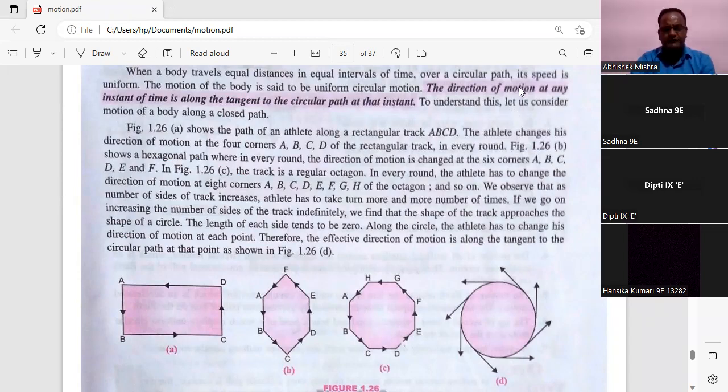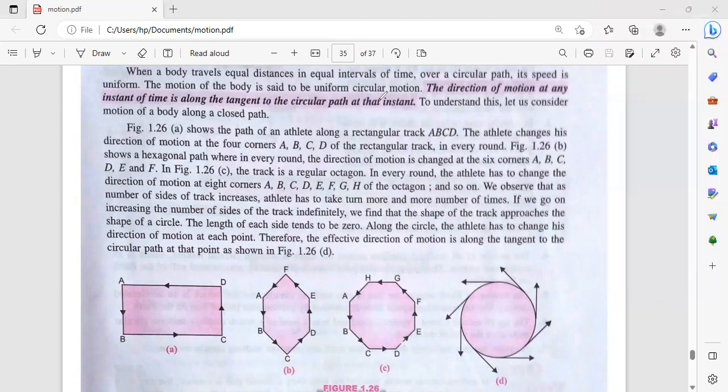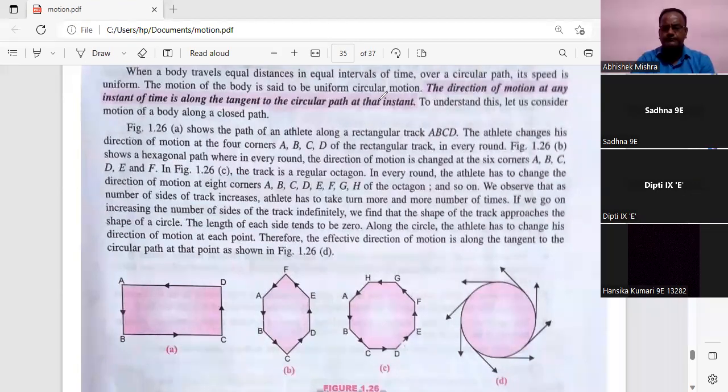Now see, students, first of all, to understand this uniform circular motion, let us first consider the, just a moment. Yes, my screen is visible now.